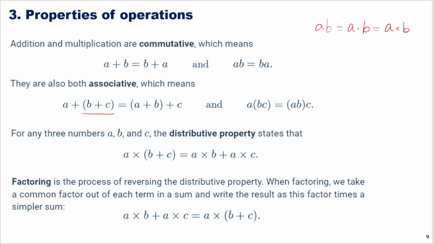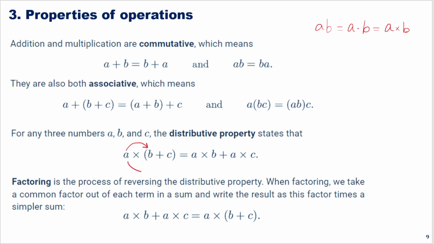Okay, good. Then for any three numbers a, b, and c, the distributive property applies for multiplication and addition, which states that if we have a times the sum of b plus c, then we can distribute a into the parentheses.